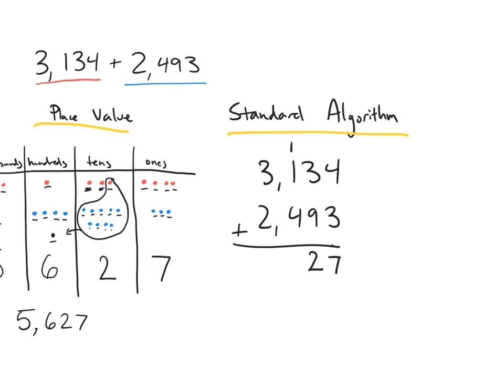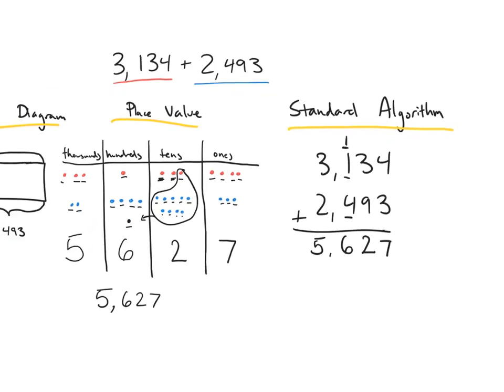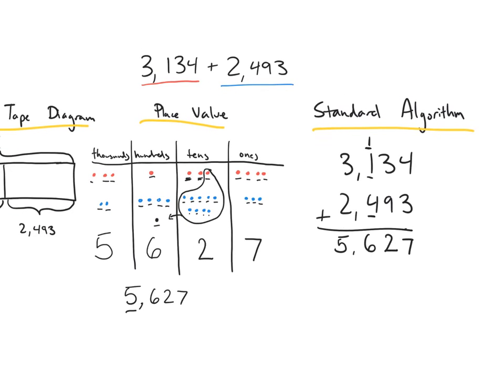I have my 1 hundred that I regrouped, plus 1 hundred is 2 hundreds, plus 4 hundreds is 6 hundreds. And then I have 3 thousands and 2 thousands, so I get 5 thousands as my total. So you can see I got the same answer here, 5,627, using both the place value chart and the standard algorithm.